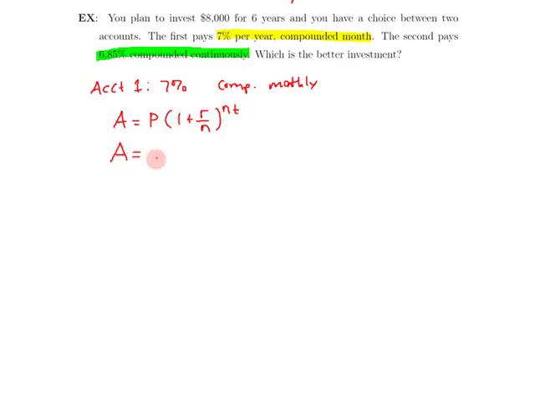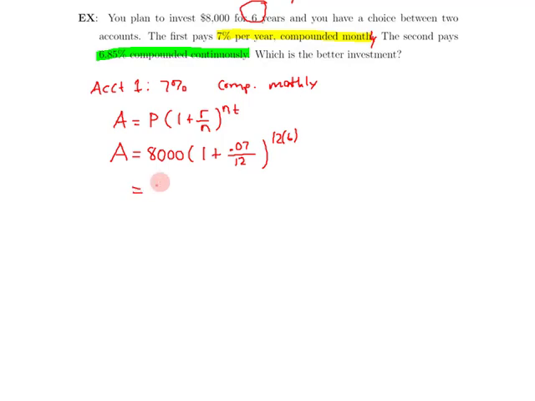The principal in both cases, account 1 and account 2, is going to be $8,000. 1 plus, now the interest rate for account 1 is 0.07. Recall that it does say to enter that in decimal form. 7% as a decimal is 0.07, divided by the number of compounding periods per year. It says it's compounded monthly. Monthly would mean 12 times per year. So for the n, I'm going to plug in 12. Raised to the 12 times how many years? In both cases, it's 6 years.